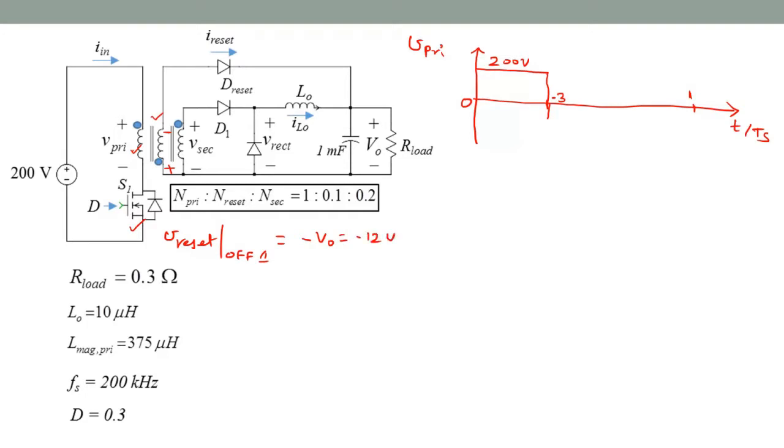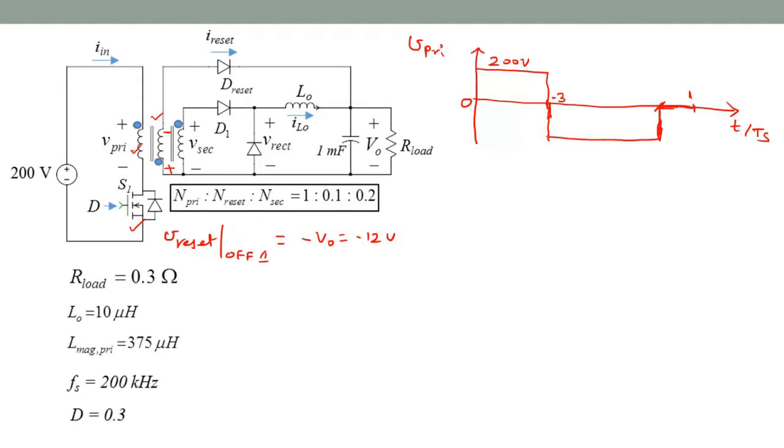Therefore, the primary voltage will not last till the entire off interval. So we'll just draw it up to, say, an arbitrary point here, and then it becomes 0. So we still need to figure out what this time is.